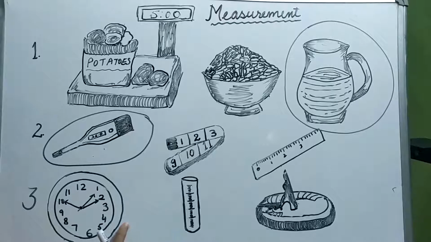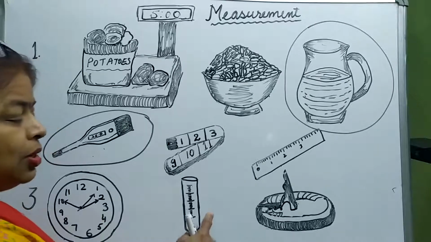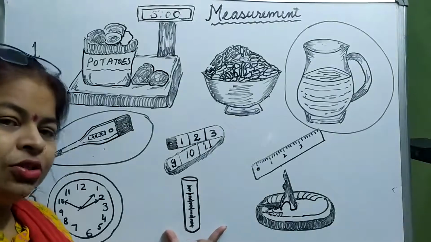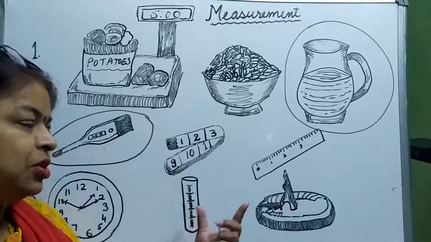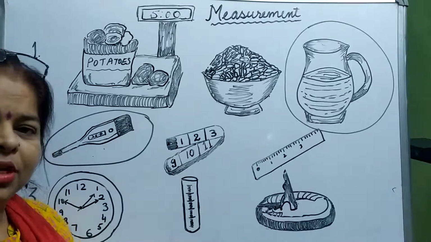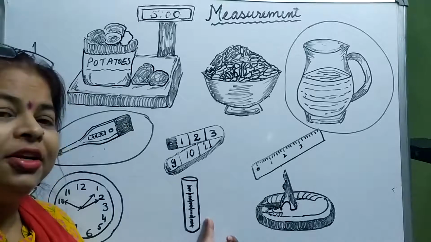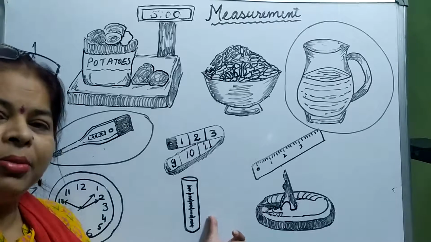So, the clock is used to measure the time. What about the test tube? It is used to measure the volume. In laboratories, we use the test tube to measure the volume of some chemical substance. So how many milliliters of substance are being used for the experiments.